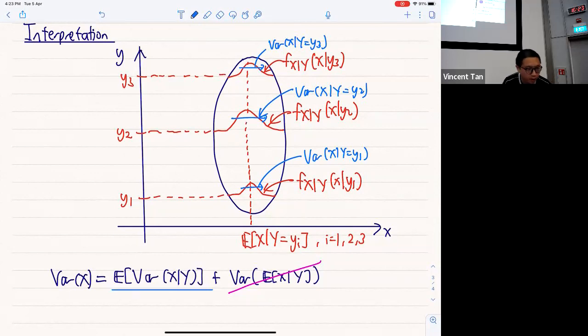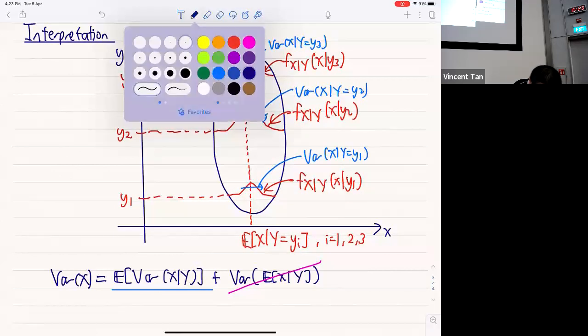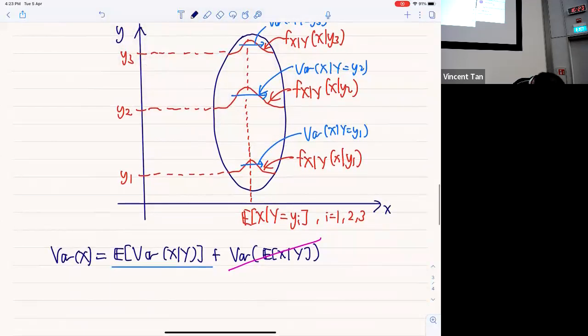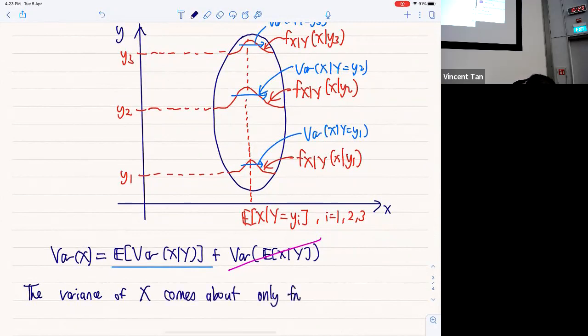In this particular formula, let me put a remark in English: the variance of X comes about only from the individual variances, the variance of X given Y equals y for all y.